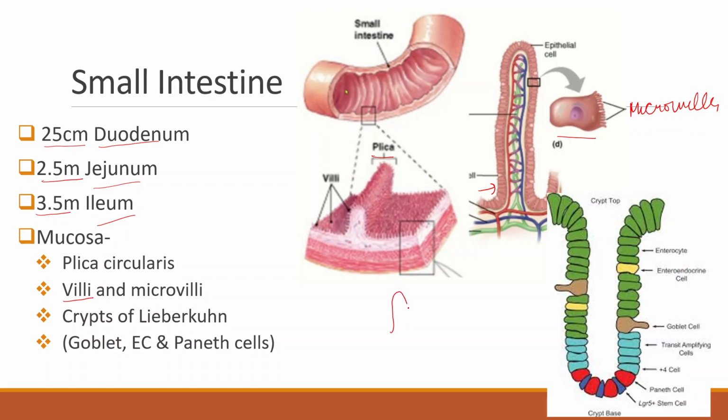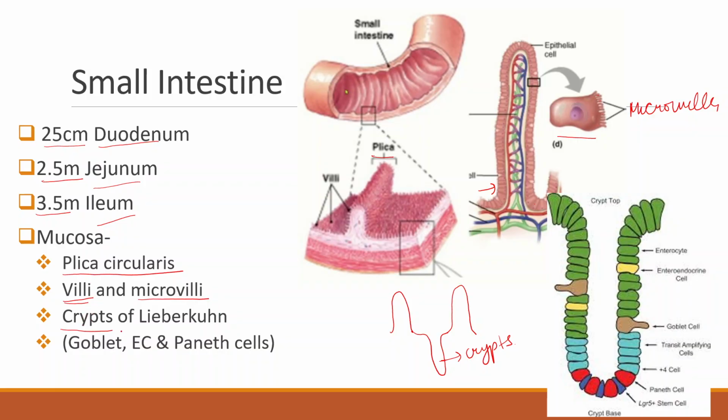So if this is a villus, and this is the next villus, there is some depressed structure which is also villus-like, but with a downward depression. So this depression is called crypts. So you should have a clear idea what is plicae circularis, what is villi, what is microvilli, and what are crypts, because students most often confuse between these terms.